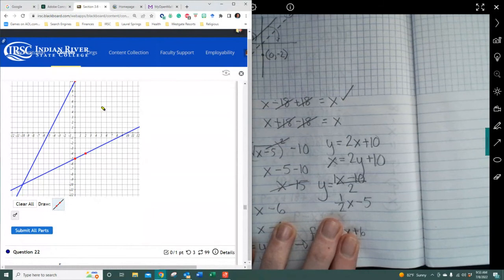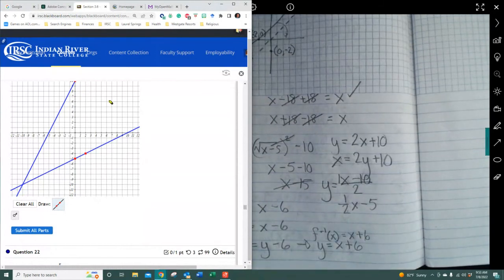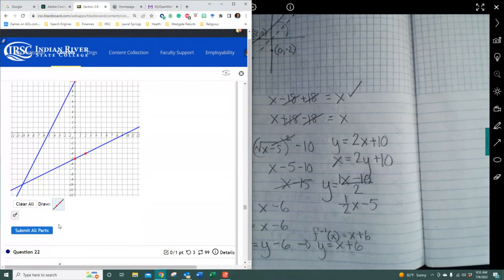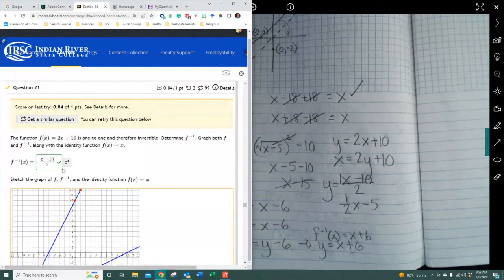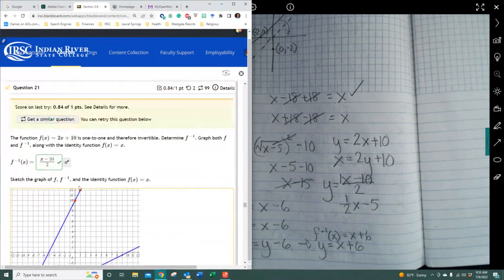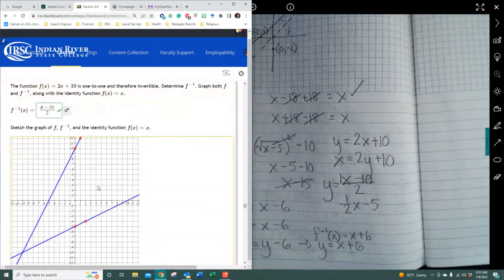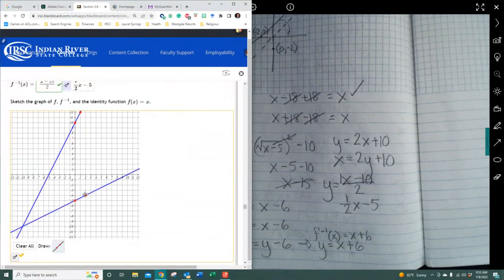You can tell by looking at the slant whether or not you did something wrong, and I knew I did something wrong right away when I was putting it in. So now I'm going to submit all parts, and I get that one right. What did they want? It's negative. So that's right. So it's up 1 over 2.